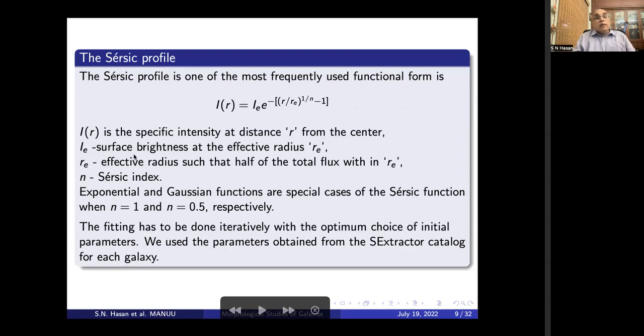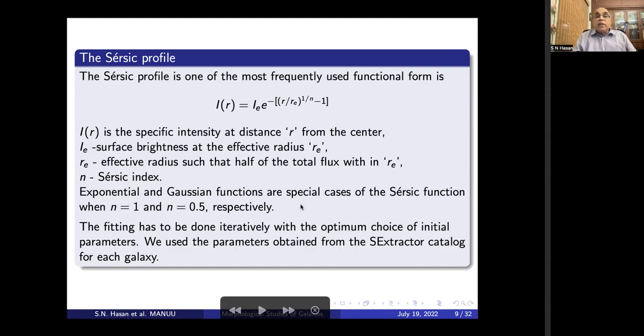I_e denotes the surface brightness at the effective radius r_e, and r_e, the effective radius, is the radius within which half of the total flux lies. n denotes the Sersic index.